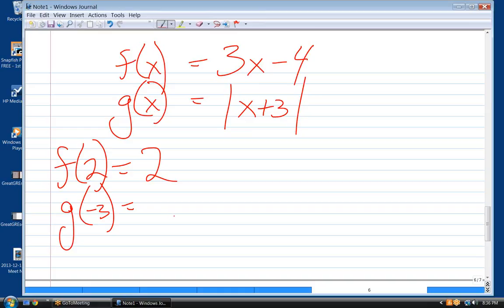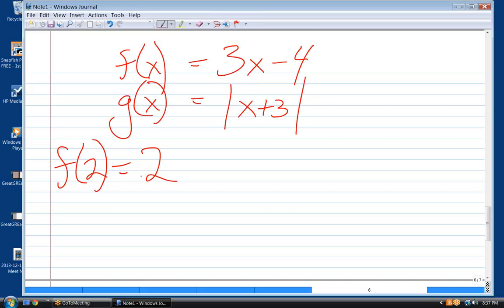I thought it was g of 2. Oh, I heard f of 2, and then I didn't hear the g of 2. It doesn't give you one. So it merely wanted to know what f of 2 was? Or it wants to know g of 2 also?